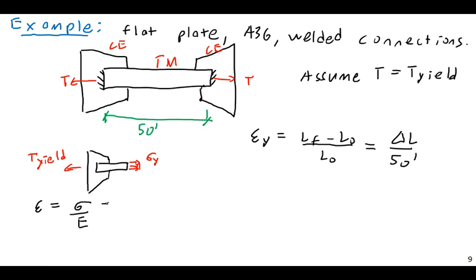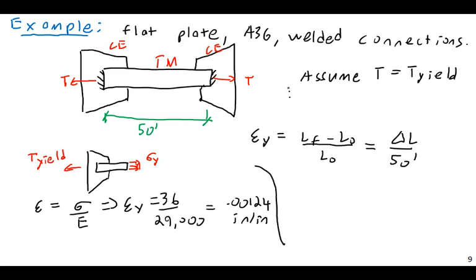So, this will then produce that epsilon yield is equal to 36 over 29,000, or 0.00124, dimensionless, or you can think of it as inches per inch. Okay, then we're going to use this over here.